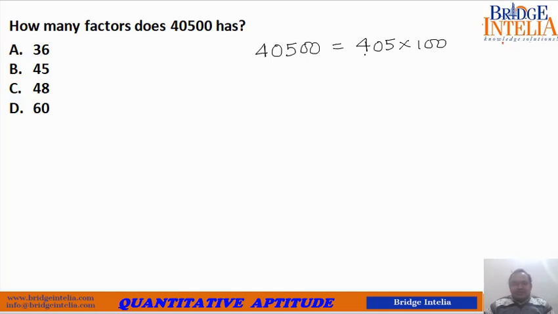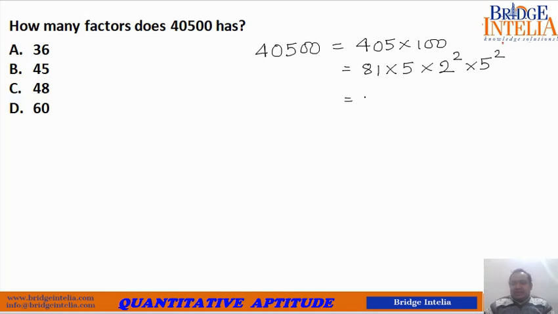Now 405 is divisible by 5, so break it slowly to understand what its prime factorization will be. 405 can be written as 81 into 5. Break 100 into prime numbers: 100 can be written as 2 square into 25.